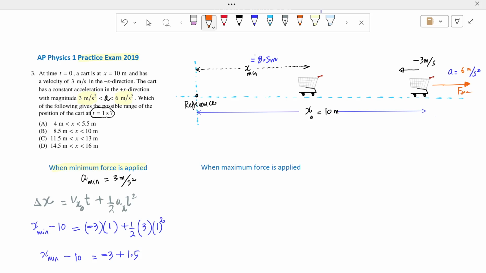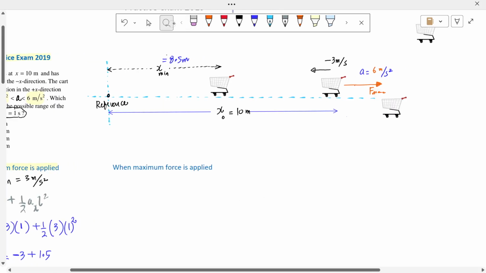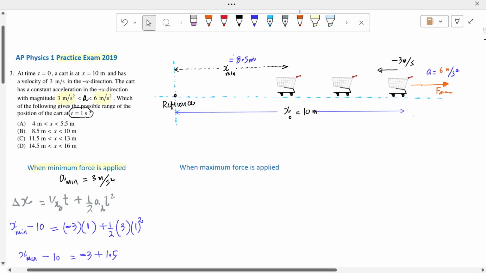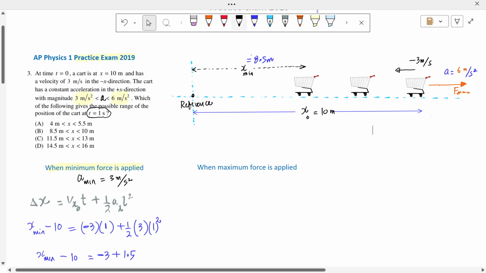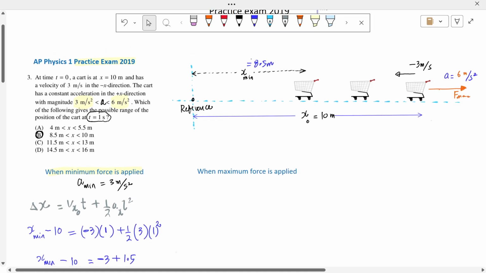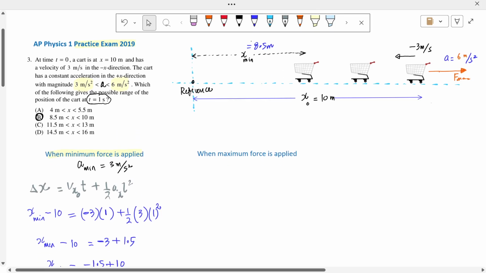Now the car will not be able to cover that much forward distance. So the new position of the car is, let's say, at this point. Don't you think the position should be more than 8.5? So obviously the answer should be B. But if you stick with the video, I can quickly explain why it should be 10 meters.